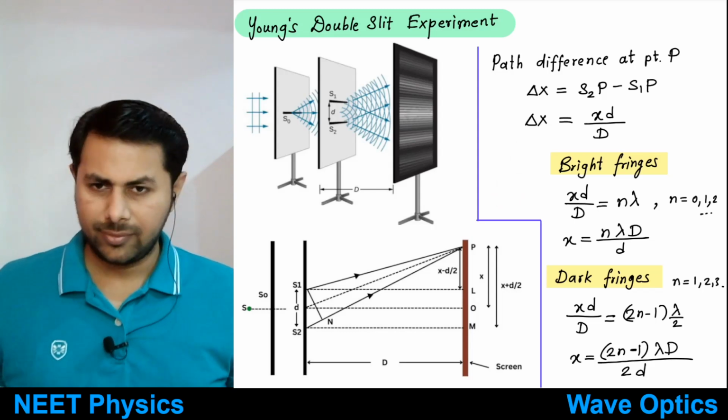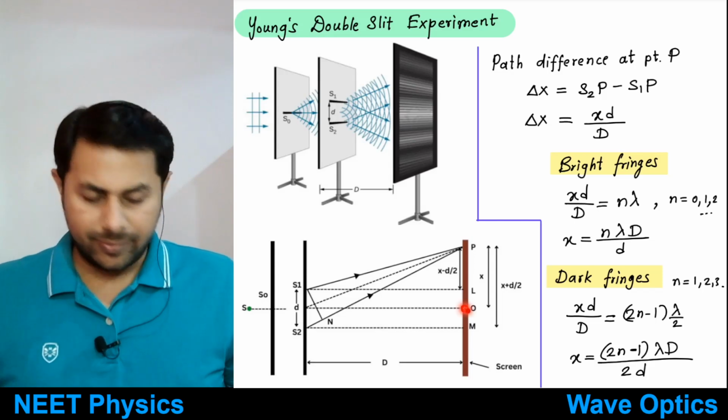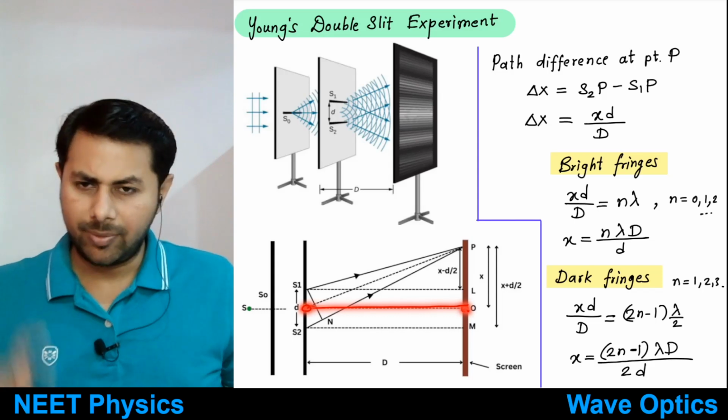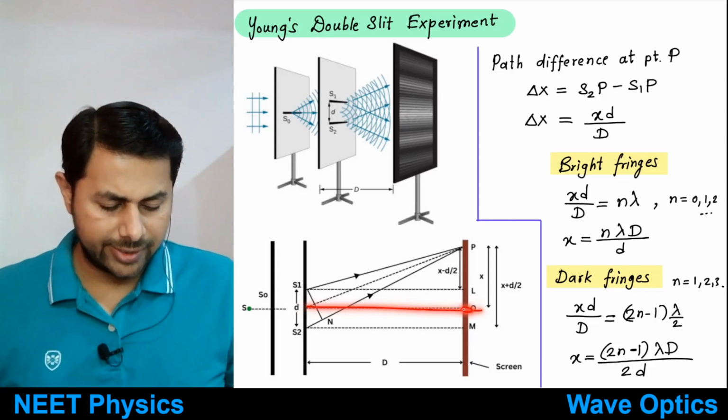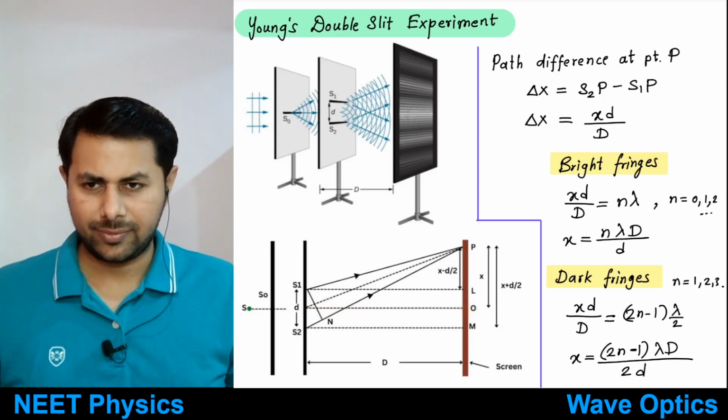That we know. So if you think about this point exactly opposite to the midpoint of S1 and S2, this is called the center of the screen. This central point will always be bright.